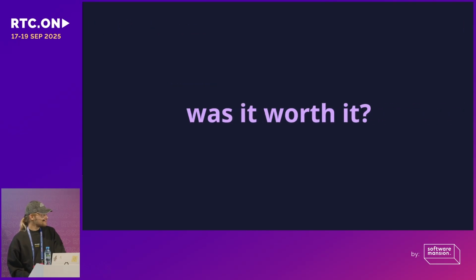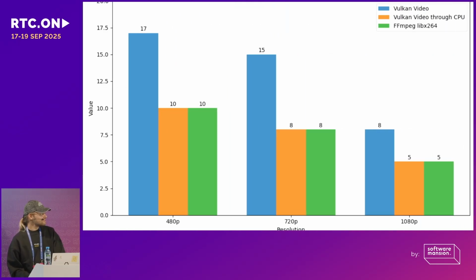So was it worth it? Yeah, I guess it was. This is a result of a benchmark. The benchmark was that we take 4 input videos, arrange them in a grid, and make basically one video with the 4 inputs in a grid. The output was always 1080p 30 FPS.